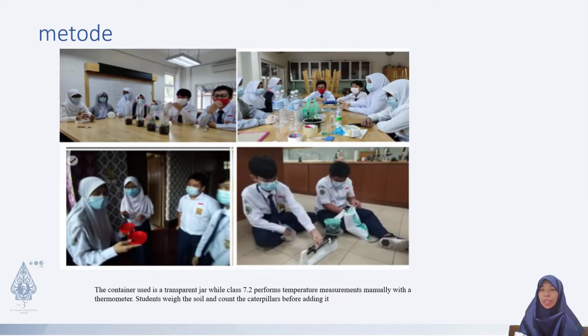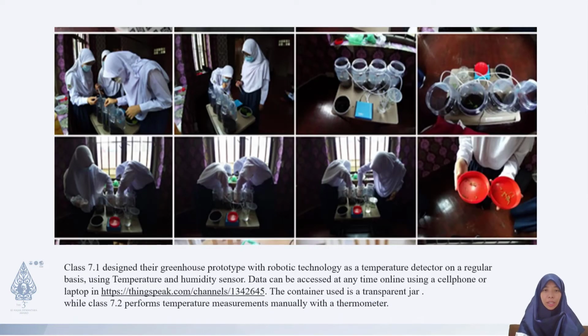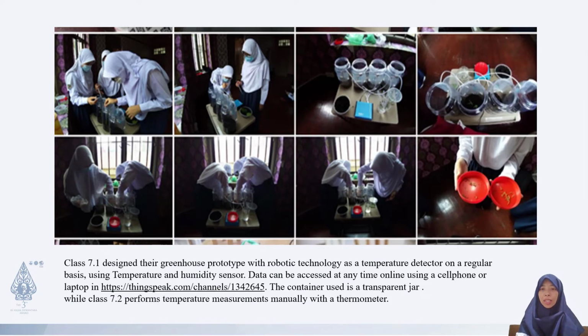The methods are weighing the soil, putting it in containers with caterpillars and plants according to the prototype design, watering regularly, feeding caterpillars periodically, and measuring temperature using a conventional thermometer or automatic temperature and humidity sensor. Every class designed their greenhouse prototype with robotic technology as a temperature detector, on a regular basis using a thermometer and humidity sensor. Data can be accessed anytime online using a cell phone or laptop at thingsboard.com.